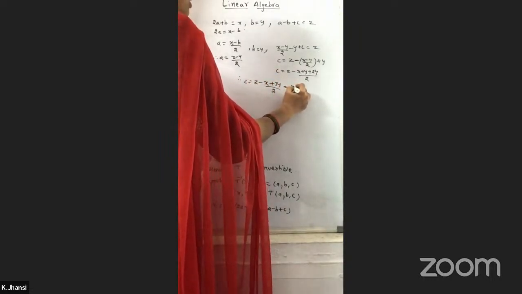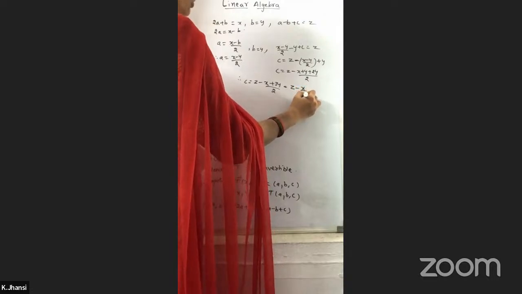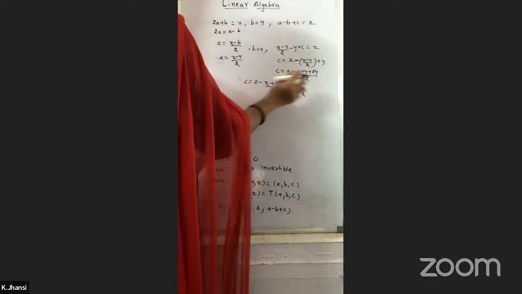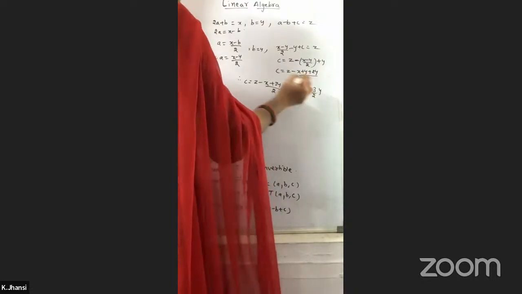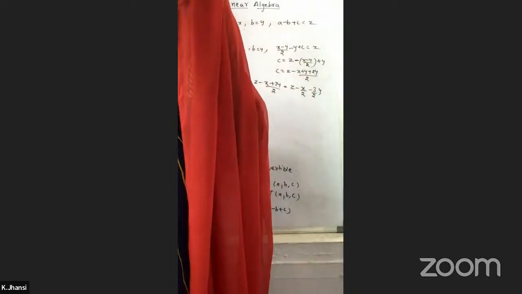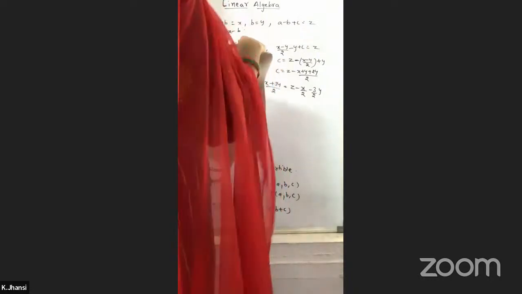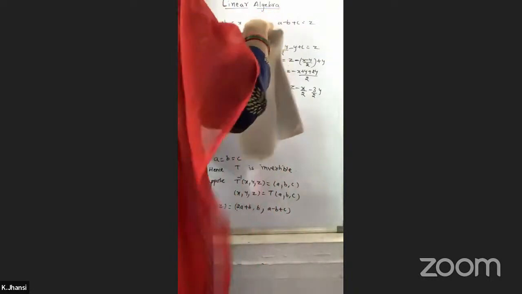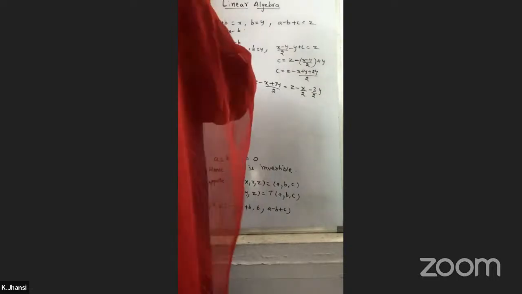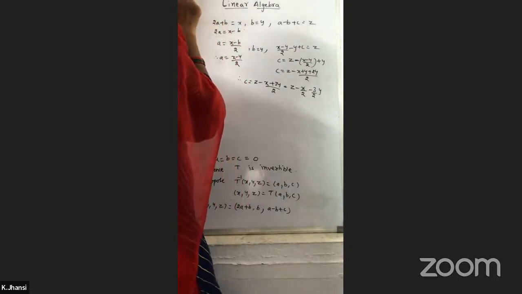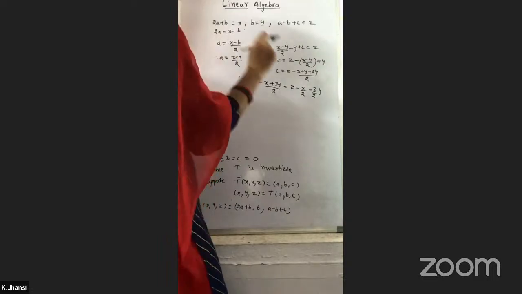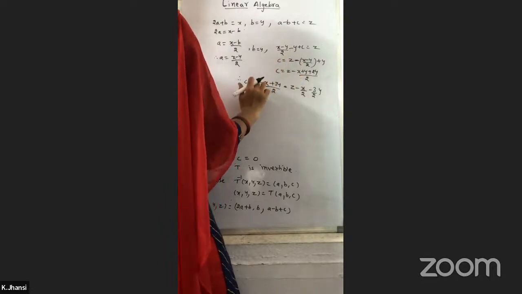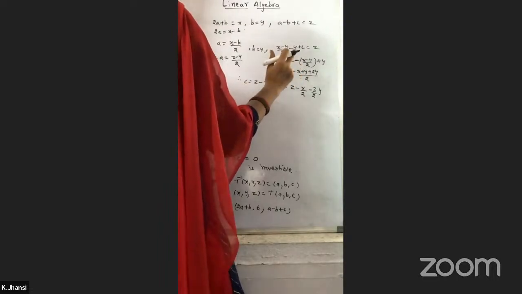C is equal to z minus x by 2. You can separate x and y, plus into minus is minus 3 by 2 into y.